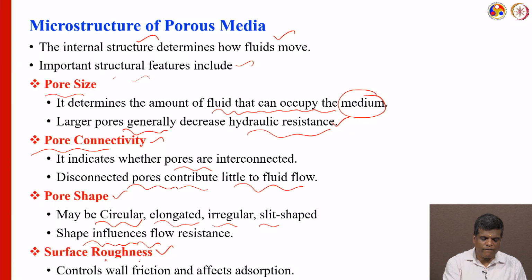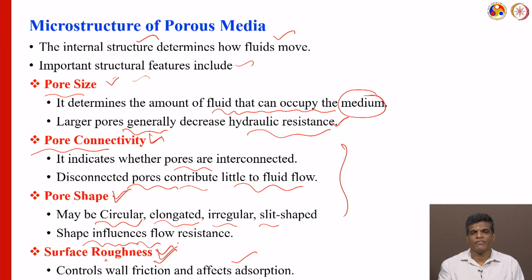It controls the wall friction and also affects adsorption. So, these are the microstructure features of porous media, starting with pore size, then pore connectivity, then pore shape, which also plays a role, and finally surface roughness.